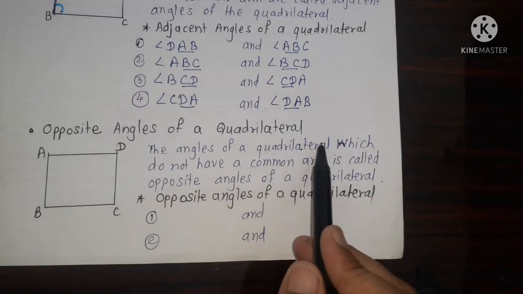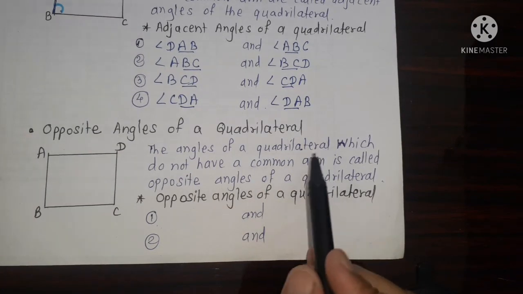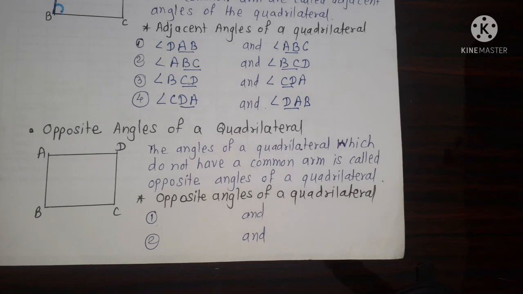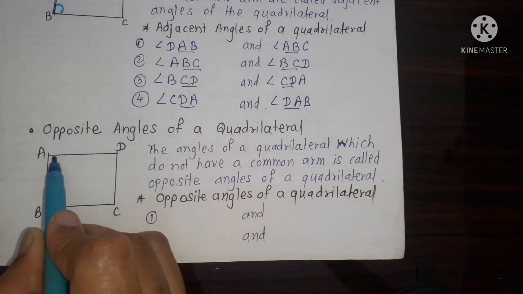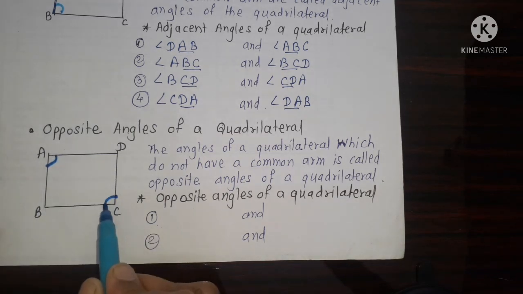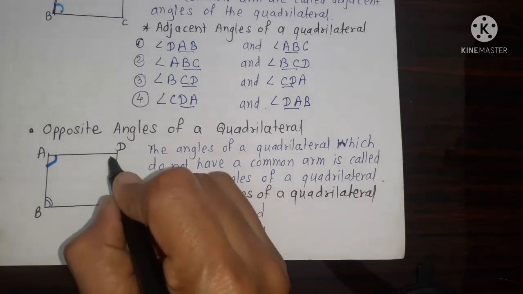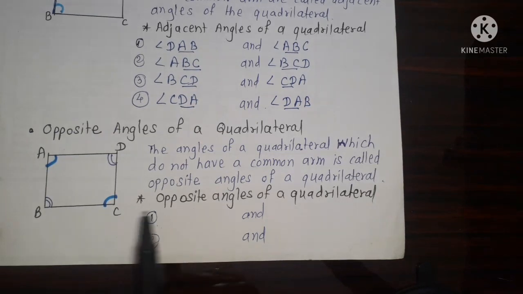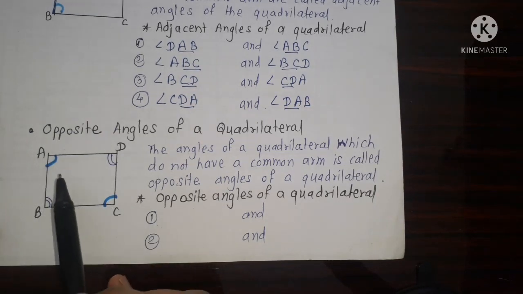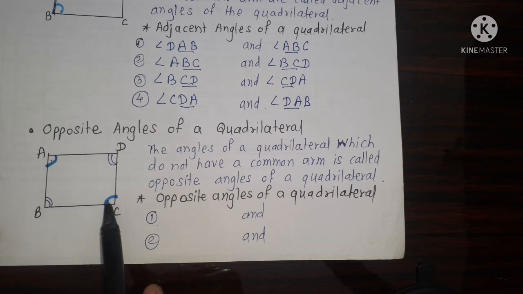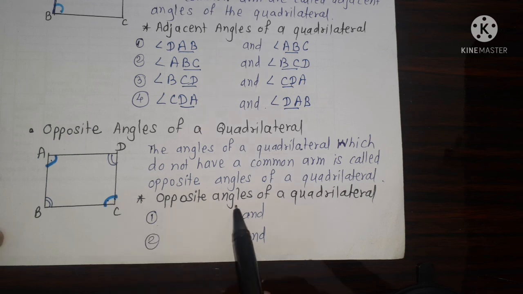Opposite angles of a quadrilateral. We can see the opposite angles: angle A and angle C, angle B and angle D. Angle A and angle C are opposite angles. The angles of a quadrilateral which do not have a common arm are called opposite angles of a quadrilateral. Now we write the opposite angles.